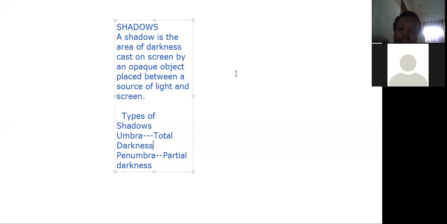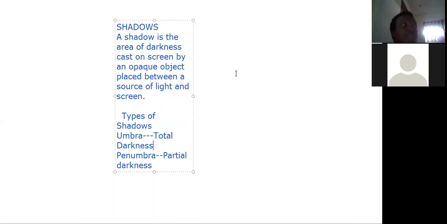So the difference between the umbra and the penumbra is that the umbra is formed when an opaque object comes between a point source of light and a screen. The penumbra is formed when an object comes in between an extended source of light and a screen. So the penumbra has to do with an extended source of light, like the sun.